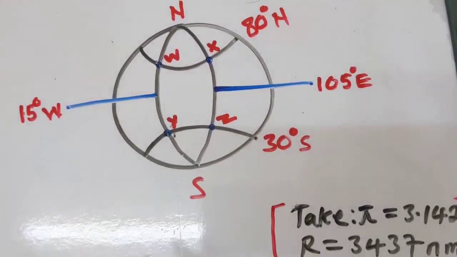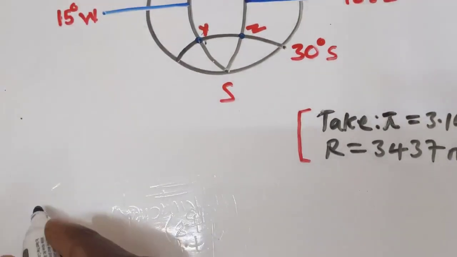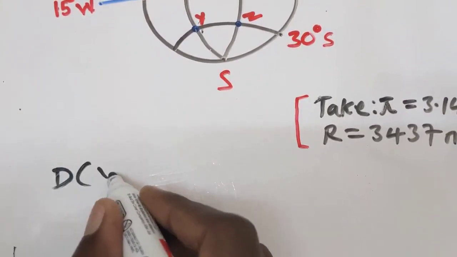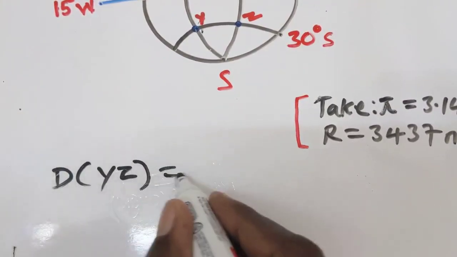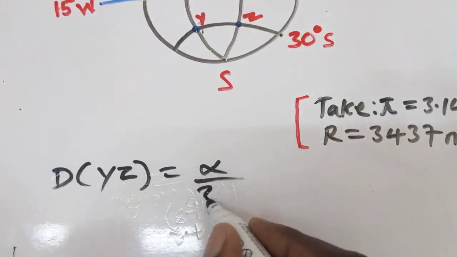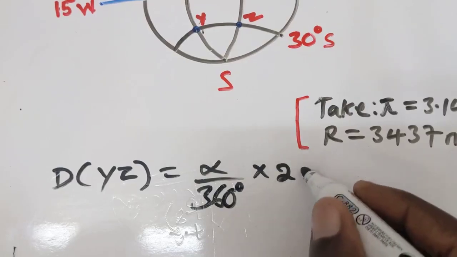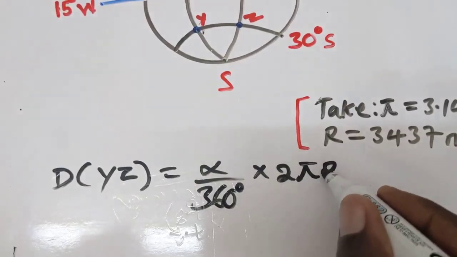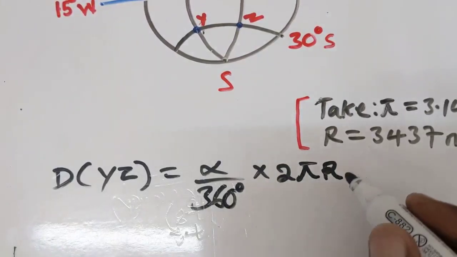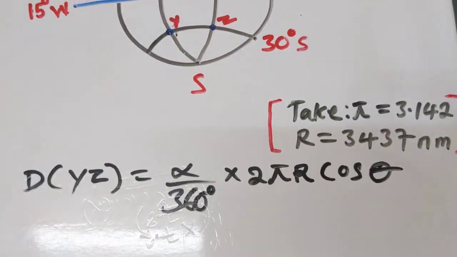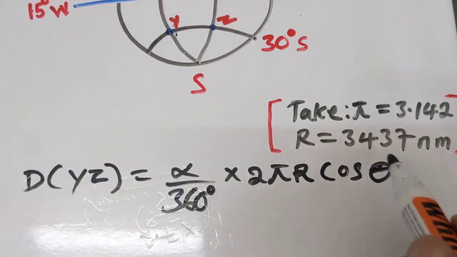So we write the distance between Y and Z is equal to alpha over 360 degrees multiplied by 2 pi r, but include cos theta. So where is this theta coming from?